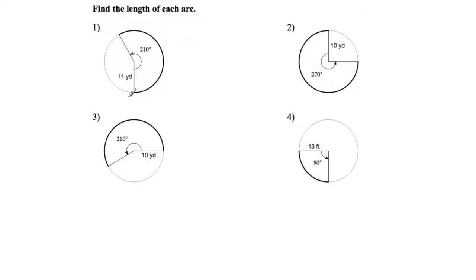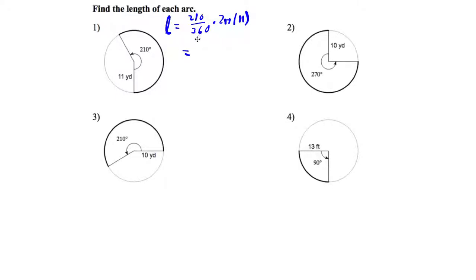Here, we're going to find this is the major arc because this one is highlighted. So the arc length is going to be equal to 210 over 360 times 2 pi times the radius.